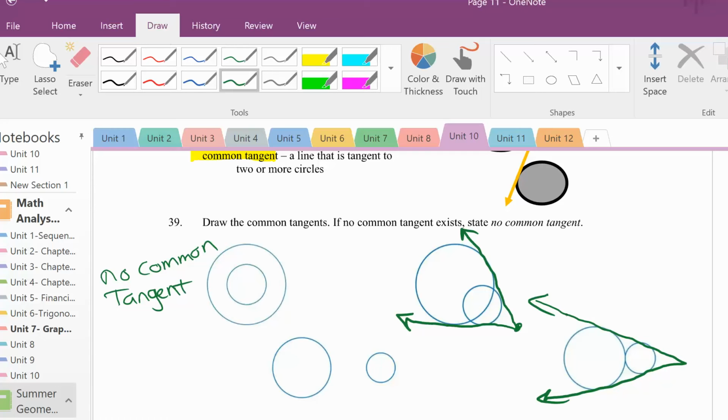And then for this one as well, you could draw a common tangent there. Sorry, let me do that again. And there. So those are common tangents for those situations.